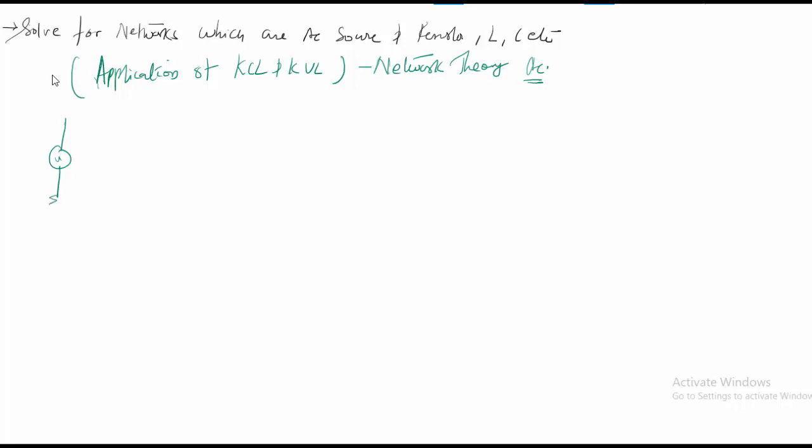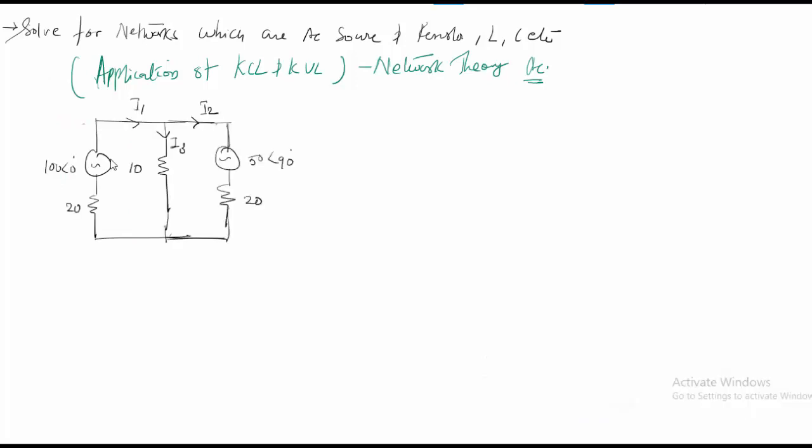There is a source, there is a resistance, and so again this is a circuit which I have just formulated, and this circuit has been formulated by me or P Academy itself, and so you'll have to validate.